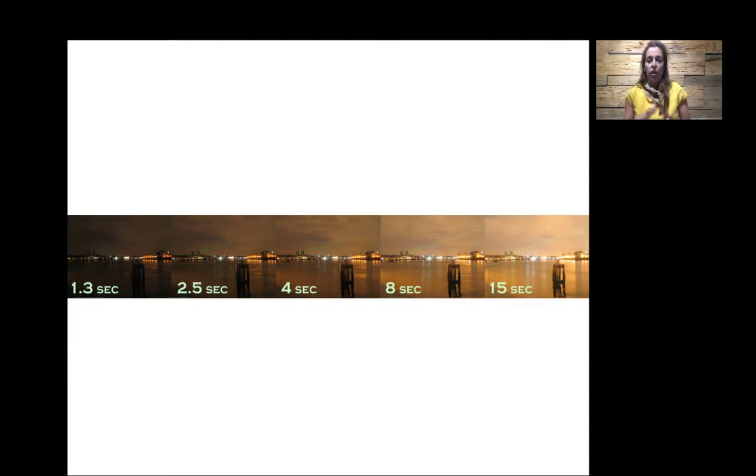The longer the shutter is open, the more light comes in. So the light is bleeding onto your chip, or if you're using film, it's bleeding onto the film. Whereas if the camera only has 1.3 seconds to open, the light isn't captured quite as quickly.